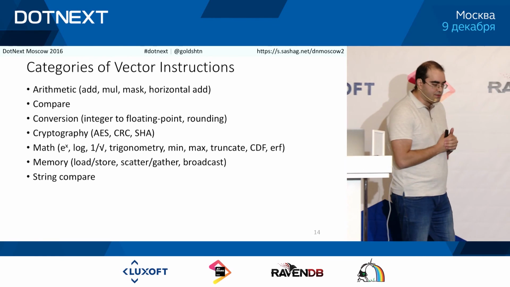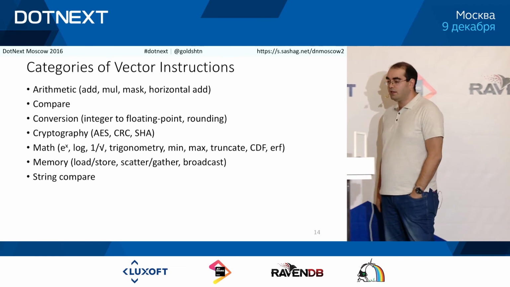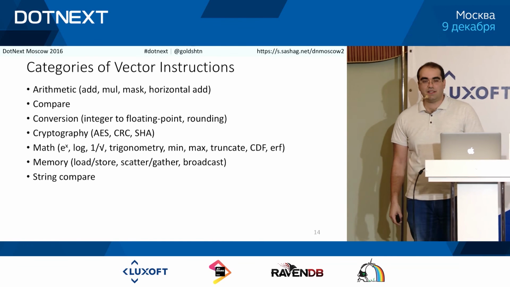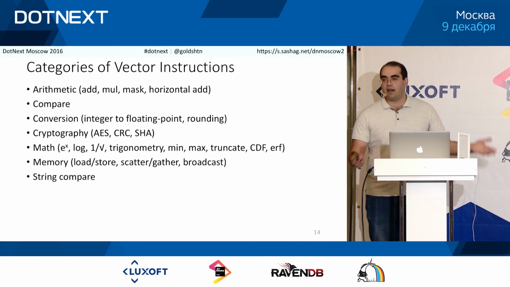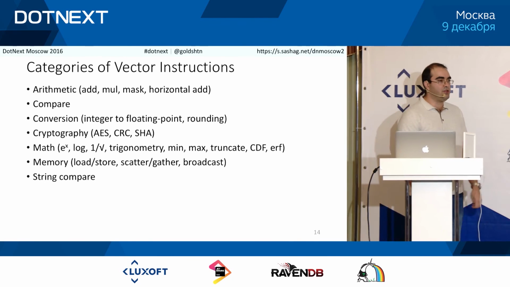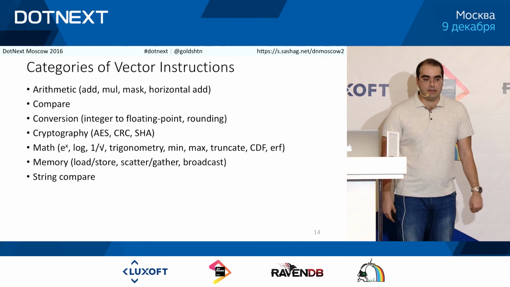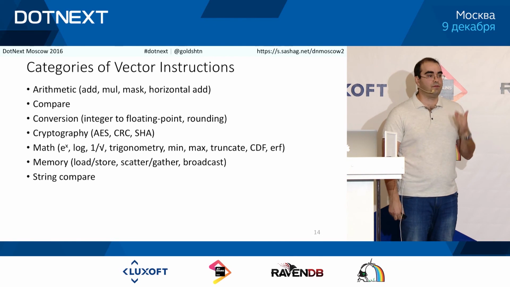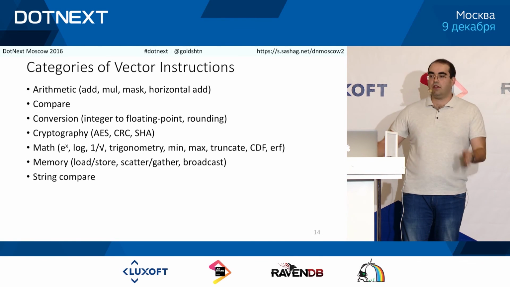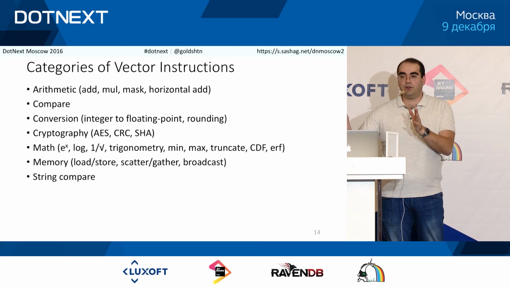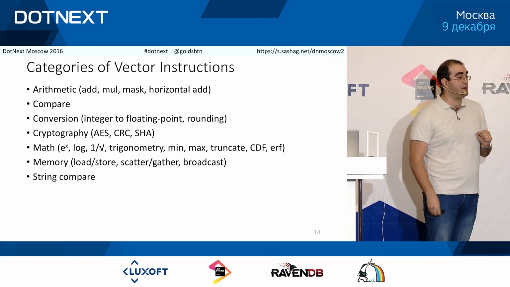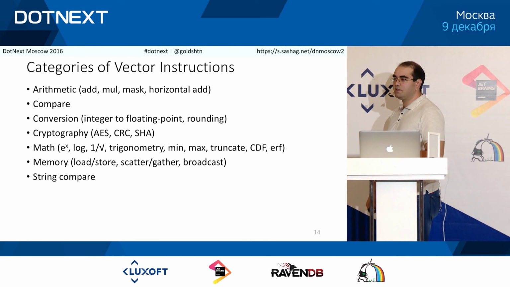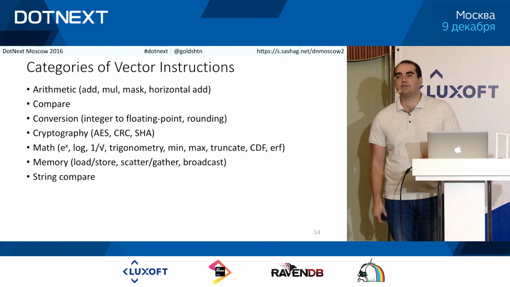What kind of vector instructions do we have in modern processors? There's a bunch. The obvious ones, which you see most often in demos, are add, multiply, that kind of thing. You can do conversions, and it's surprising how expensive conversions can be. Like you have an array of shorts and you want to convert that to an array of floats. This is surprisingly expensive, and vector operations can make that like 4 times faster in some cases.